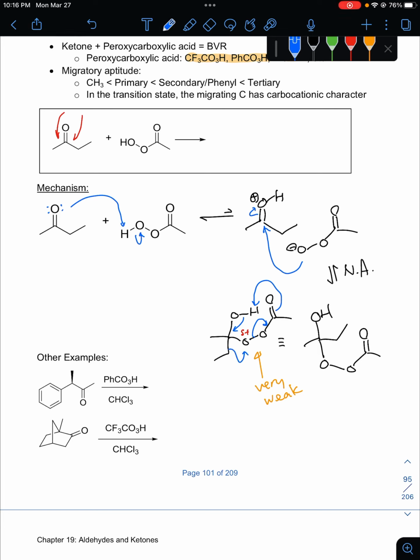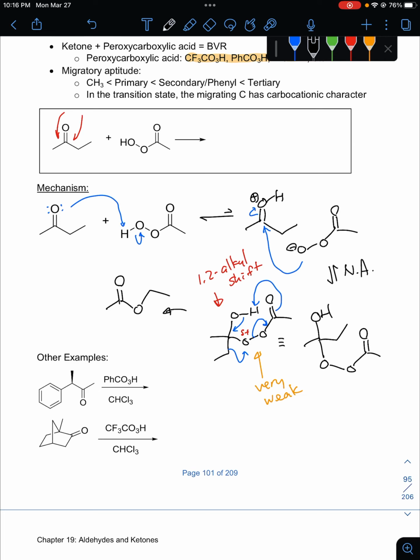This is a 1,2 alkyl shift. So this right here is a 1,2 alkyl shift is what's going on there. And once that happens, I want you to follow the arrows. Remember, we were saying that there's going to be a carbon-oxygen double bond, and that this carbonyl carbon is still attached to that oxygen, and that ethyl group migrated to the oxygen.